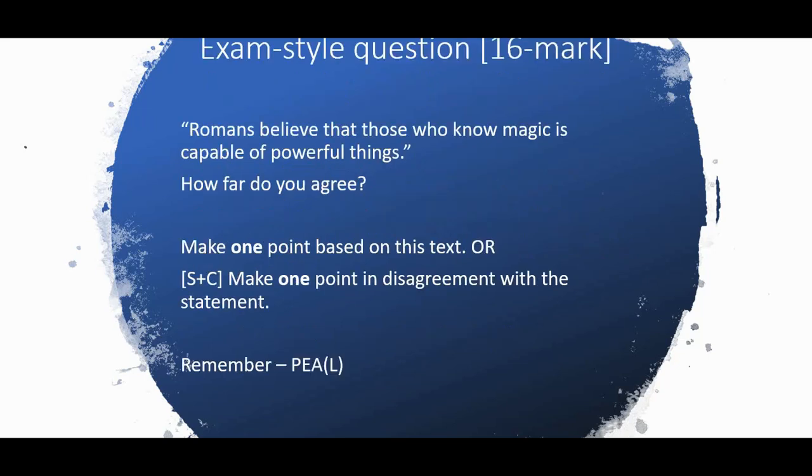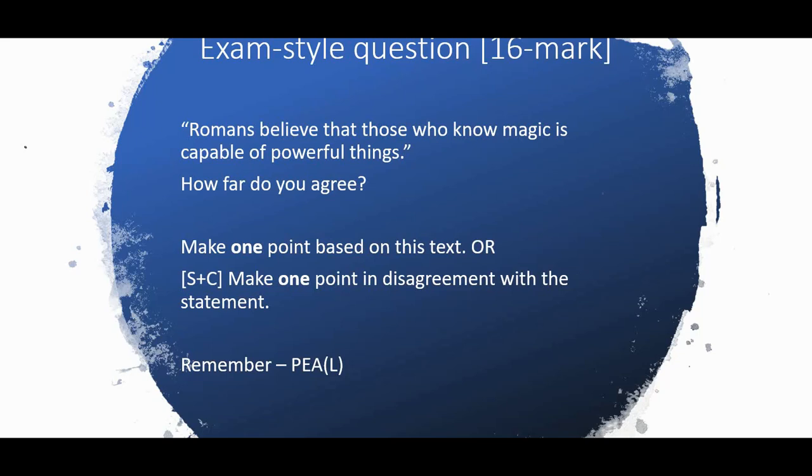Whereas for the 16-mark question, what I'd like you to do is just to make 1 point to prove that those who know magic are capable of powerful things. I would say go with your instinct here.